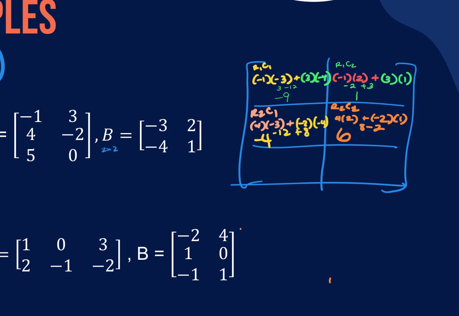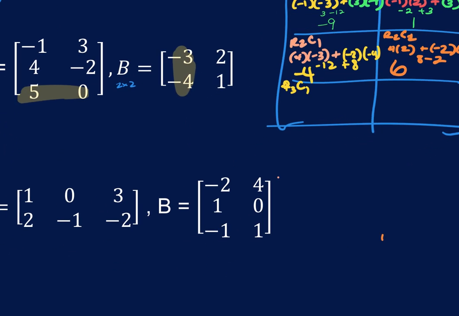And then I go to the last row, and that first cell would be row 3, column 1. I highlight row 3, column 1. And I do first times first, so 5 times -3, plus second times second, 0 times -4. And I get -15 plus 0, which is -15.